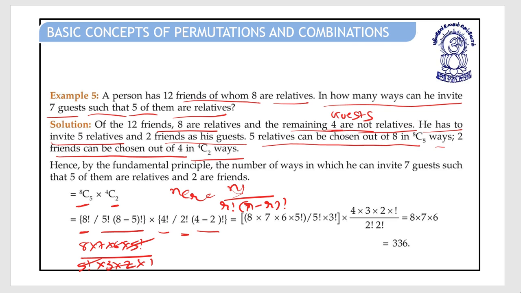So 56 into 4 factorial, 4 into 3 into 2 into 1, upon 2 factorial, 2 into 1, and 4 minus 2, 2 factorial, 2 into 1. 2 times 2 cancels the 4, leaving 3. 56 into 3 gives the answer 168.